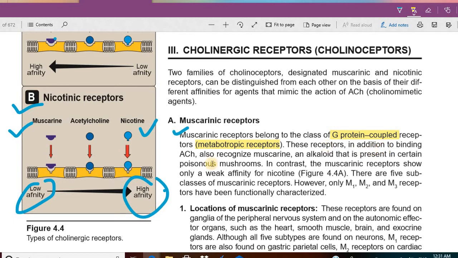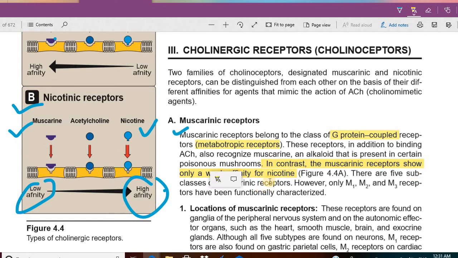These receptors, in addition to binding acetylcholine, also recognize muscarine, an alkaloid that is present in certain poisonous mushrooms. In contrast, the muscarinic receptors show only a weak affinity for nicotine. So हमने फिगर में देखा है कि muscarinic receptors की weak affinity होगी for the nicotine.